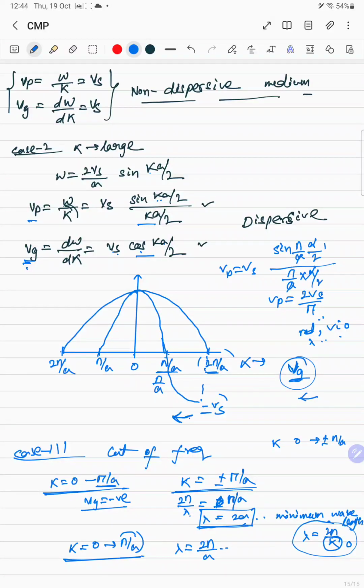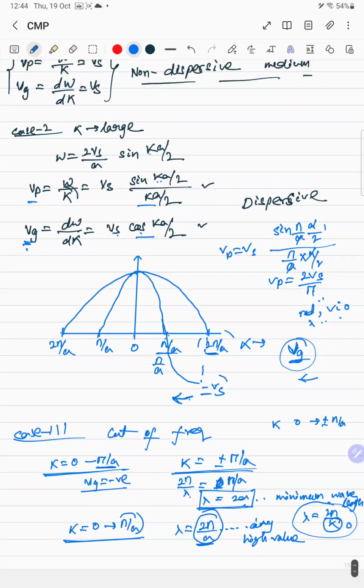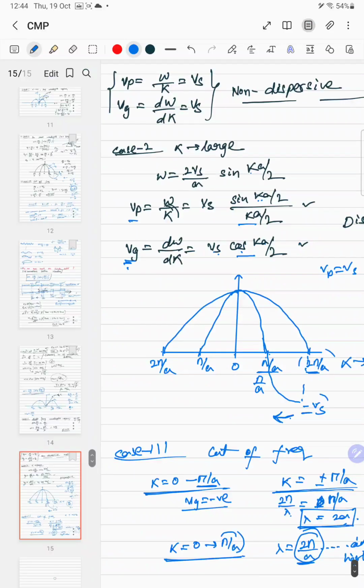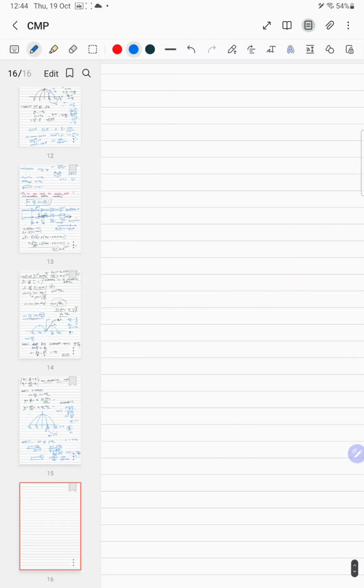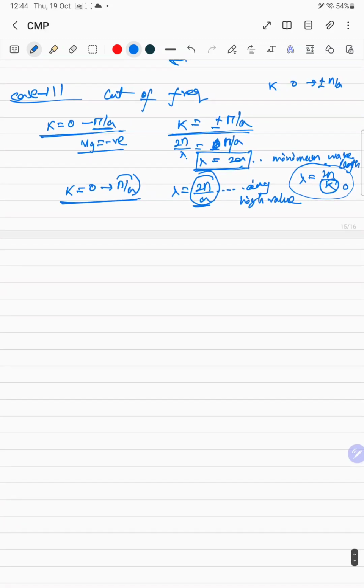That means lambda may be any higher value, but the lowest value is 2 pi by a. Any high value, but the lowest is 2 pi by a, that can travel inside the solid. So corresponding frequency we will look now. This lambda is the minimum wavelength.